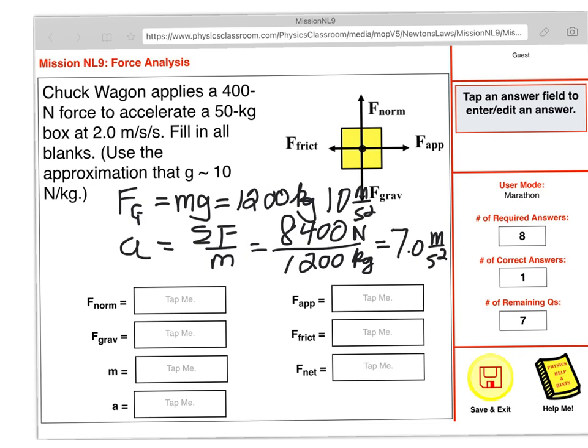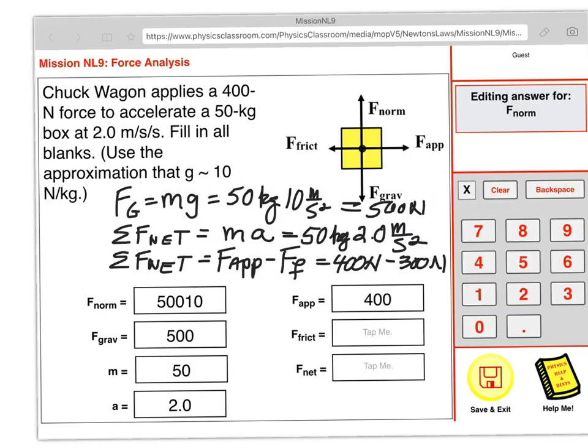Okay, do the same thing. Get your answers before you look at my answers. For this one, I just wrote down all the given information first: 400 for the applied force, 50 for the mass, 2 for the acceleration.